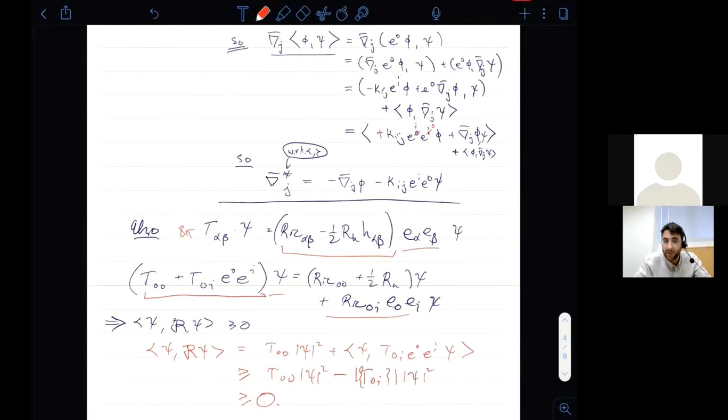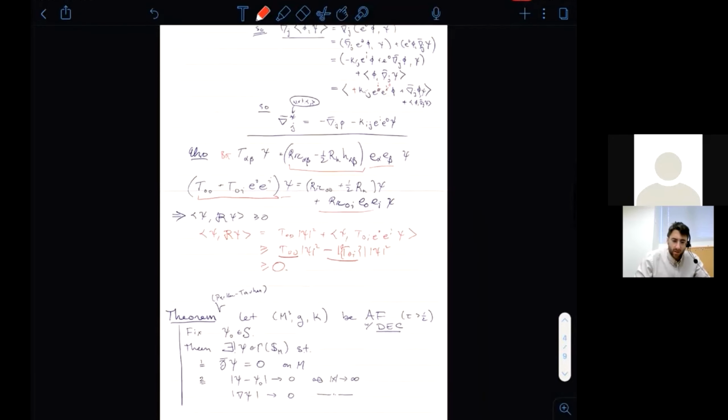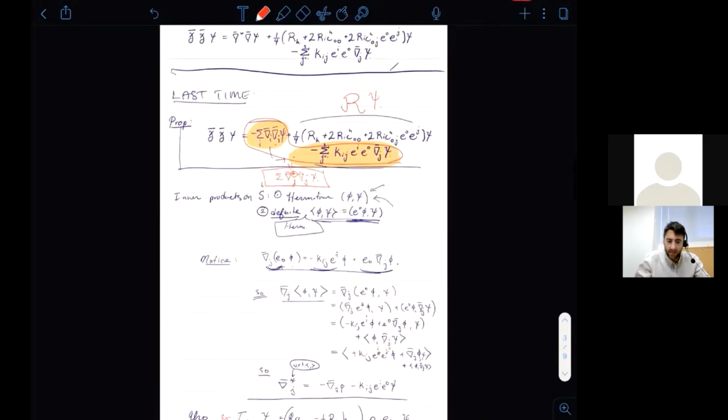That's exactly the dominant energy condition, that this difference is non-negative. So this term is morally a non-negative thing, and when you pair it with psi, it's a pointwise non-negative expression.